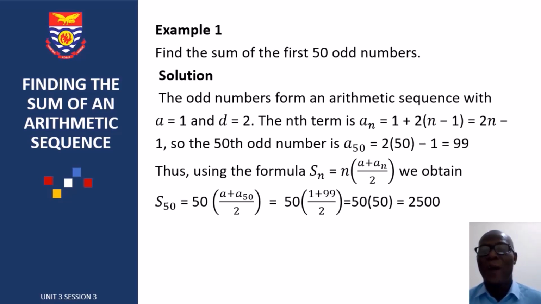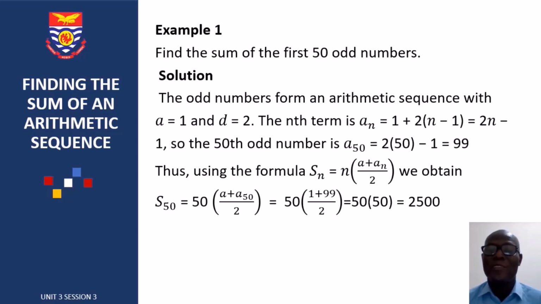Since we know our A to be 1 and D to be 2, we substitute them into the nth term, and that gives A subscript n is equal to 1 plus 2(n minus 1). Now, expanding and removing the brackets, we have the nth term A subscript n is equal to 2n minus 1.